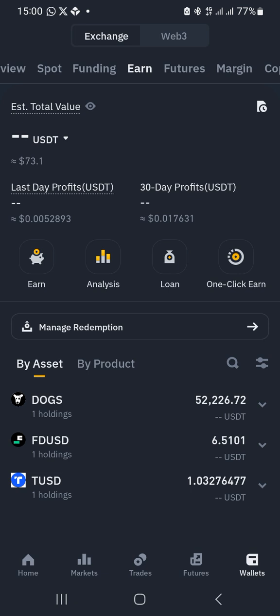So you see the sense. Assuming you started this savings at the rate of 8 cedis, within a year, this is how much a dollar costs in Ghana cedis: 16. You can imagine this.